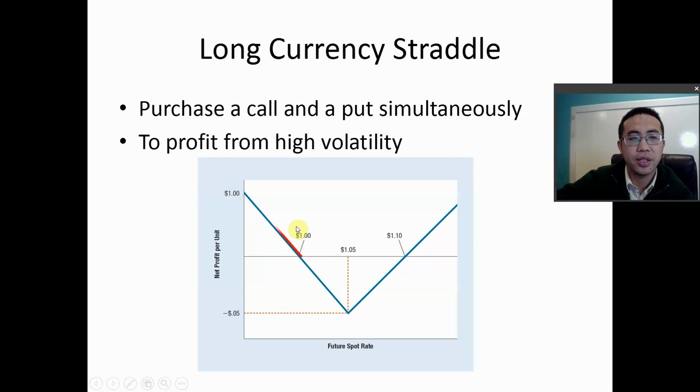If the spot rate gets very low, below 1.0, you would make a positive profit. Or when the spot rate gets very high, above 1.1, you also make a profit. If the spot rate stays between 1 and 1.1, which is relatively stable, you would lose money. And again, there's a limit to your loss. It's just the premium you pay to buy the options.